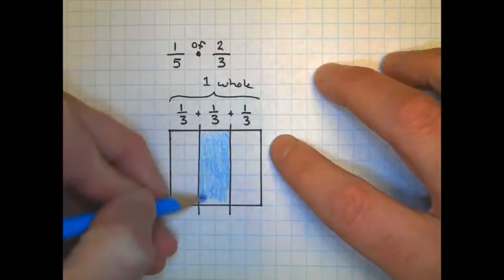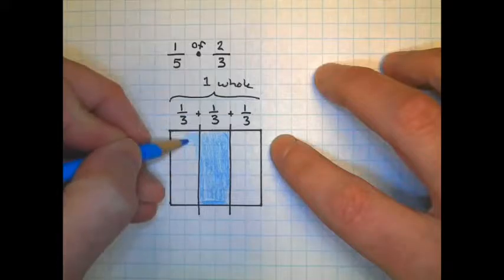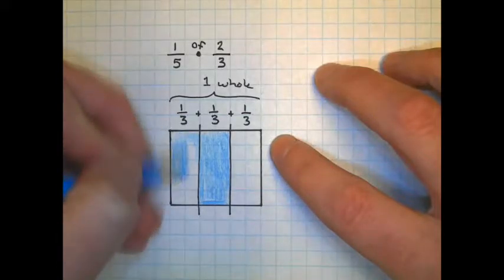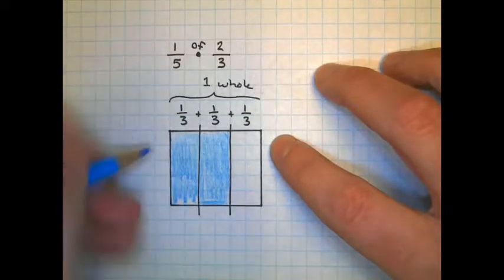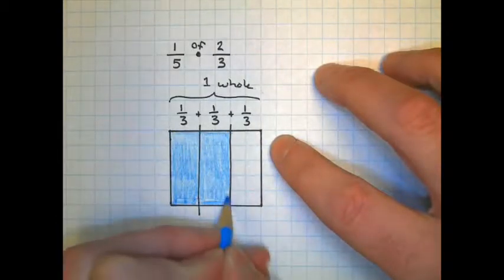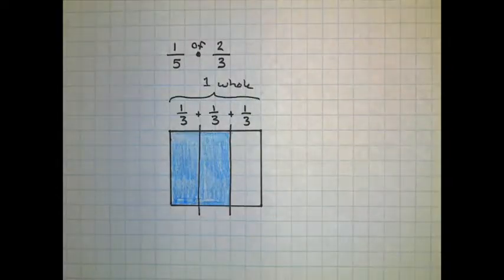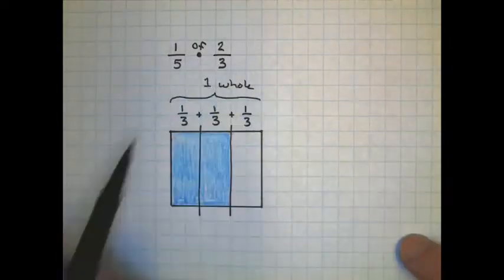There's one of the thirds, and here are 2 of the thirds. But I don't want to stop there because I need to take 1/5 of that.